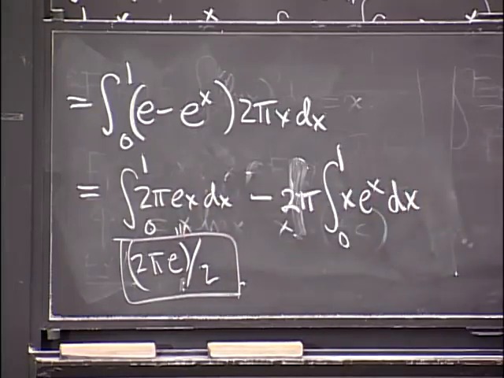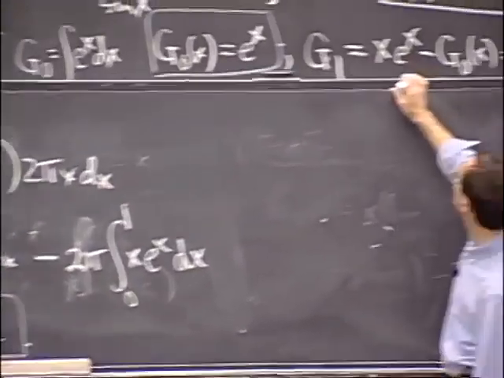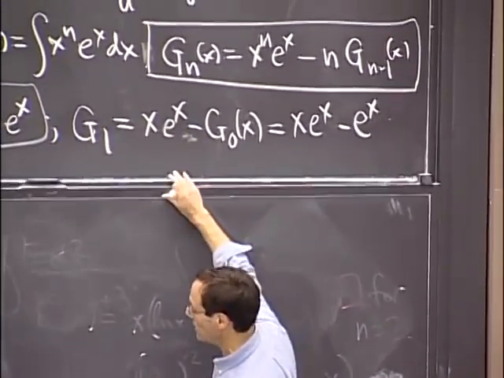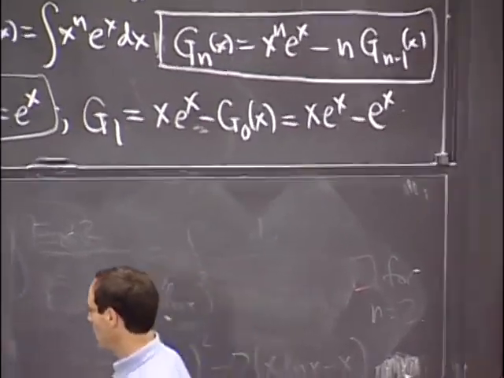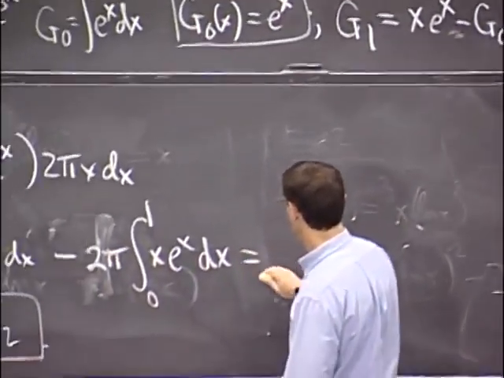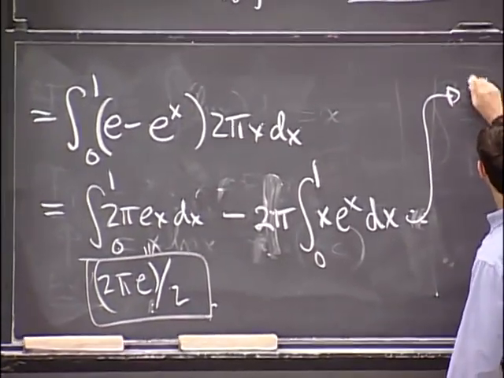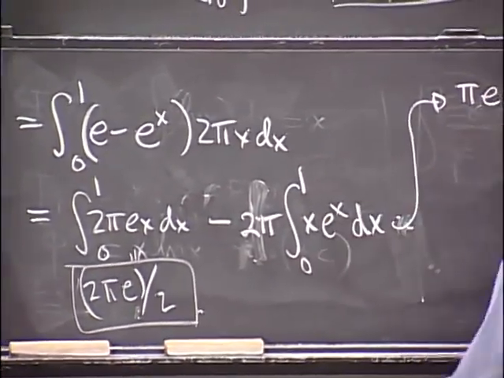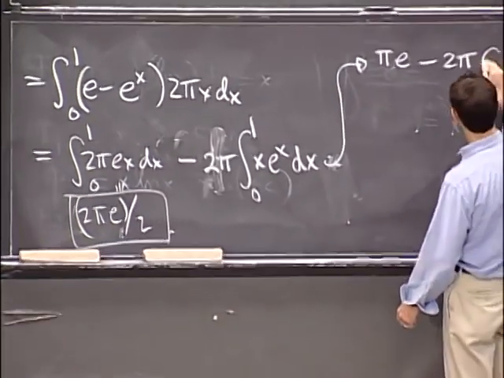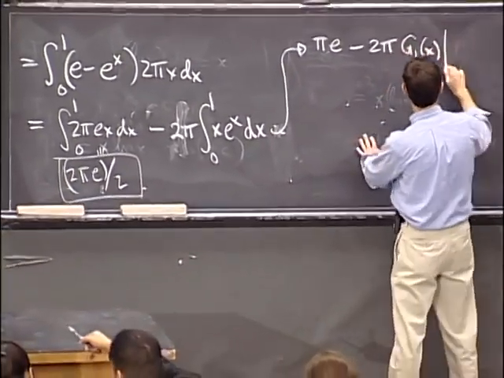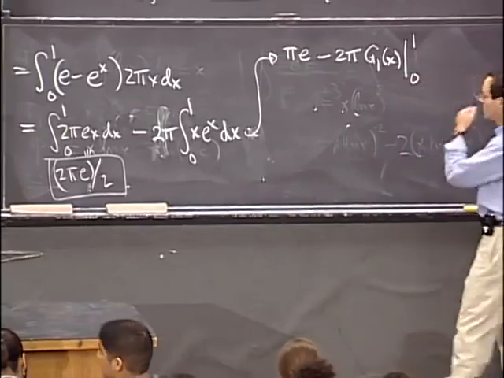Now, this one here I can read off from right up here above it. This is G1, right? So this is equal to, let's check it out here. This is pi e minus 2 pi times G1 of x evaluated at 0 and 1.